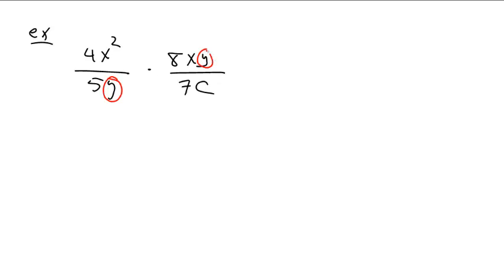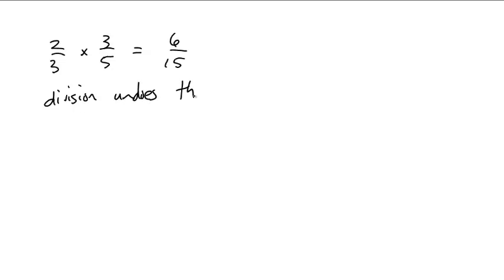There's a y there and a y there. Now they're gone. What else have we got? There's no 2's down below. There's a c down below. Oh, then we're done. 4 times 8 is 32. X squared times x is x cubed, all over 35c. And that's that.